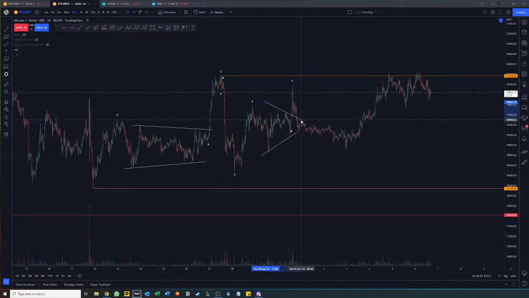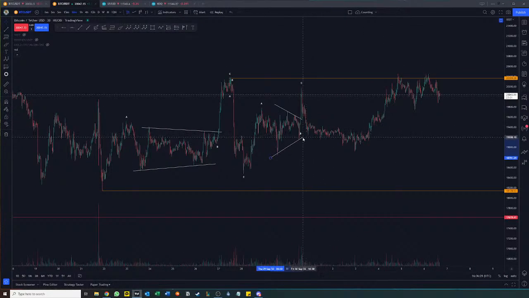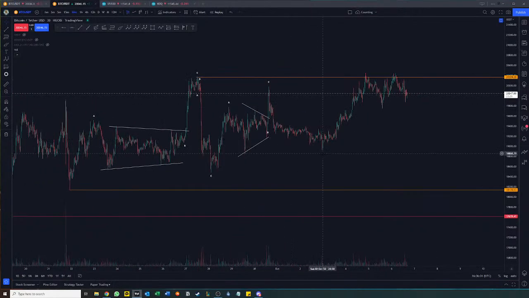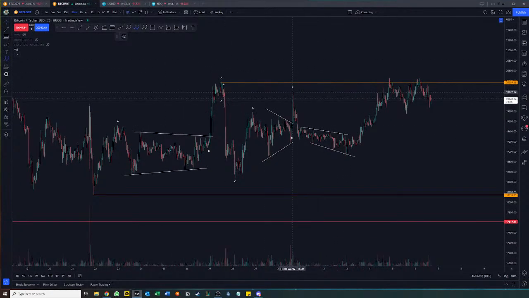I think it was something like here somewhere. Then this weird wave also came out. It happened to be ABC. Now I know because it broke the top. It was an ABC.